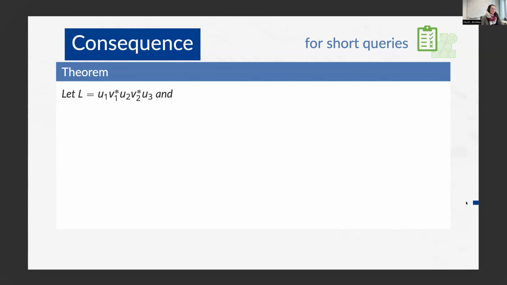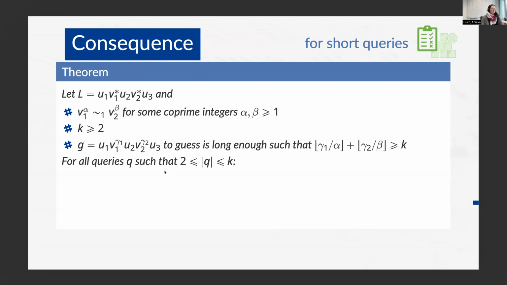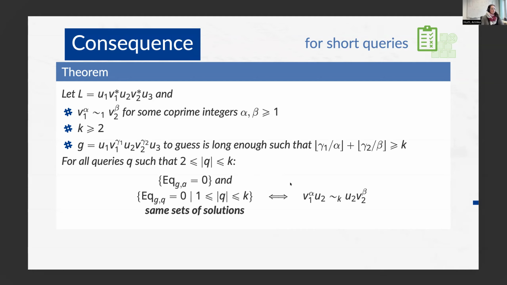So if we again have the setting of polynomial regular languages, and we know that they are one equivalent, just as in the slides before, where we discussed this big equation, and we have some k greater than 2, such that we have a long enough guess word, then for all queries between 2 and k, we know that this set of polynomial equations gets the same set of solutions if and only if we have this k binomial equivalence.